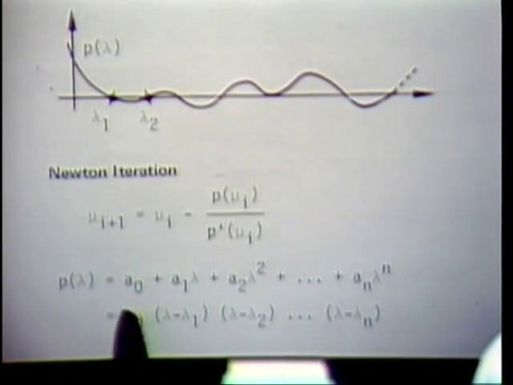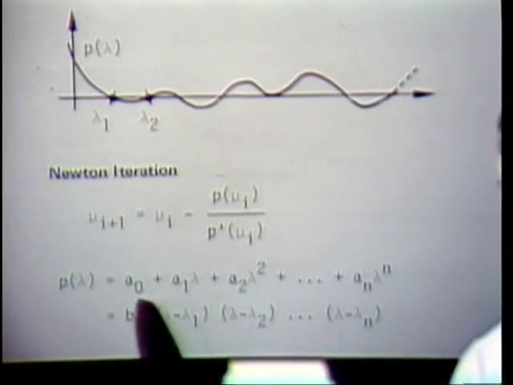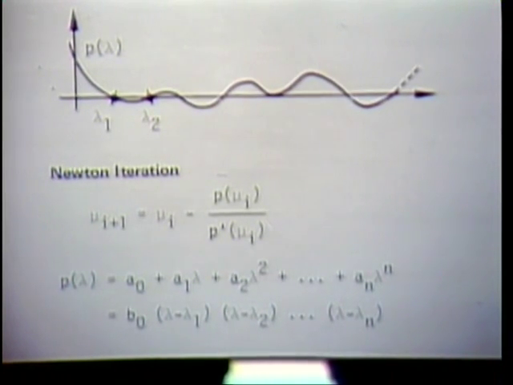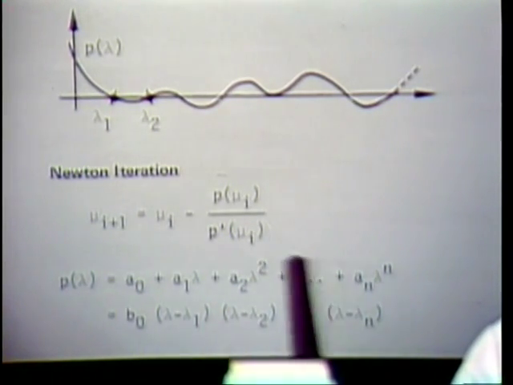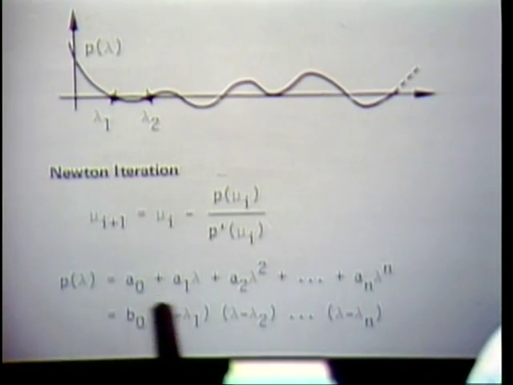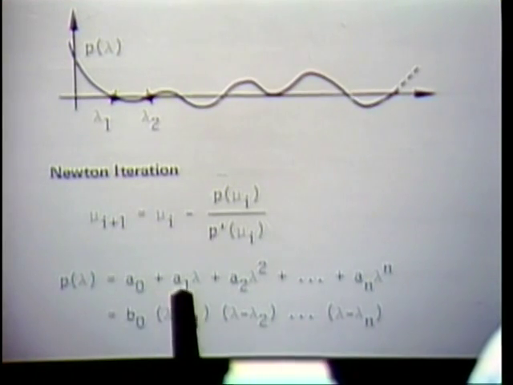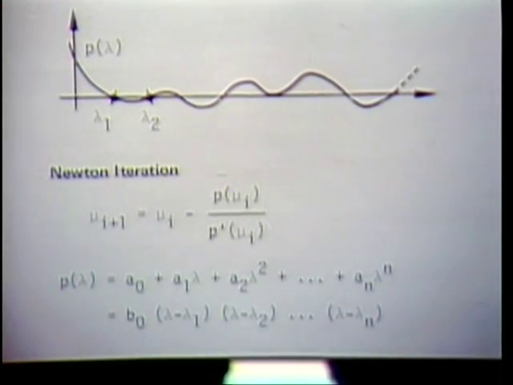Well, that is, these coefficients are given here, a0 to an. And we could rewrite this polynomial in this form once we know the zeros. Now, if we don't know the zeros, of course, we would be stuck on iterating on this matrix, where we would have to calculate these coefficients.